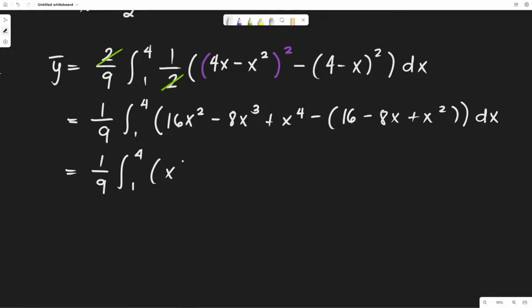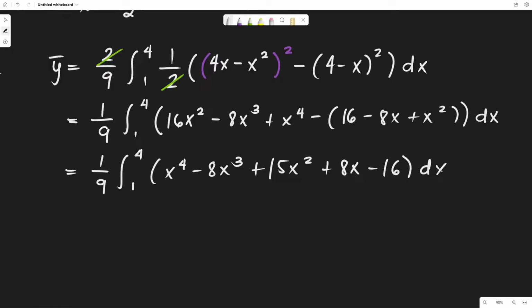So we have x to the 4th minus 8x cubed. So we have 16x squared minus x squared, so that is positive 15x squared. Tapos x natin magiging positive 8x, then minus 16. So mas madali na siyang i-integrate ngayon, no?